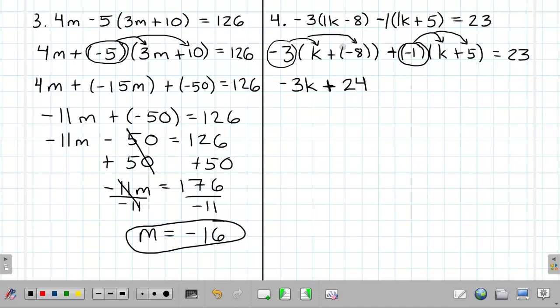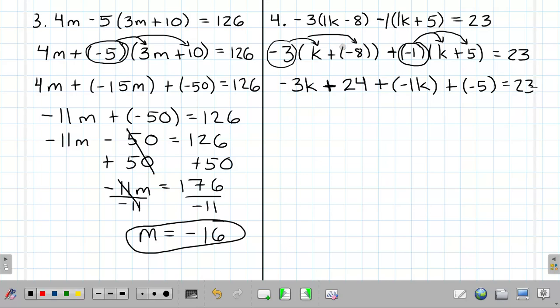Once again, negative times a negative is a positive, okay, and plus positive 24. Then we're going to add to it -1 times k. Well, that's going to be -1k. Plus -1 times 5, that's going to be a -5. Once again, all that equal to 23.